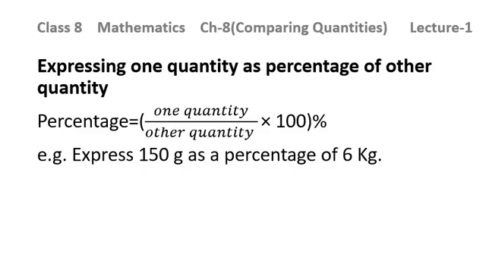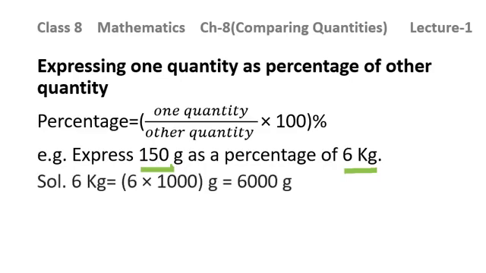As we need to express 150 grams as a percentage of 6 kilograms, 150 grams should be the numerator and 6 kilograms should be the denominator, because 6 kilograms is the whole quantity given to you, and we need to express 150 grams as a percentage of it.